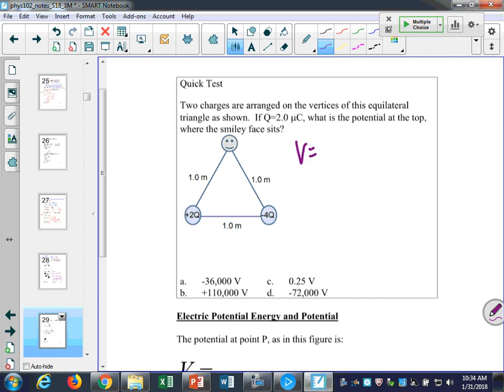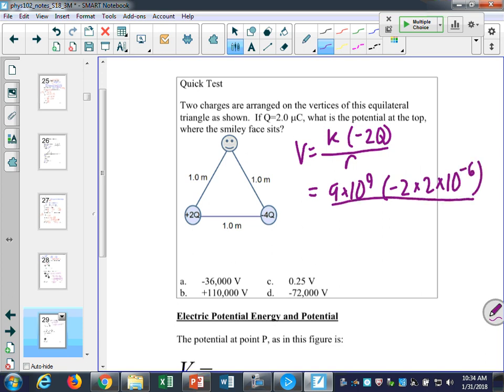But if I do it the easy way, V is equal to K times minus 2Q over R. That's 9 times 10 to the 9th times negative 2 times 2 times 10 to the minus 6 divided by 1, and that's equal to 36,000. Is it 36,000? It is 36. Micro is -6. You got that? No, that's right.